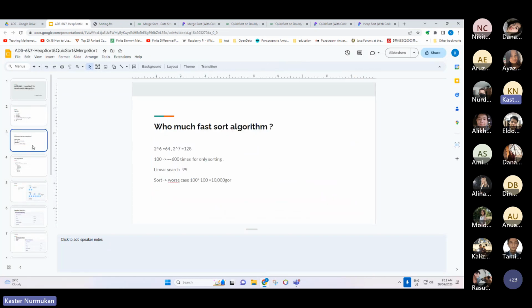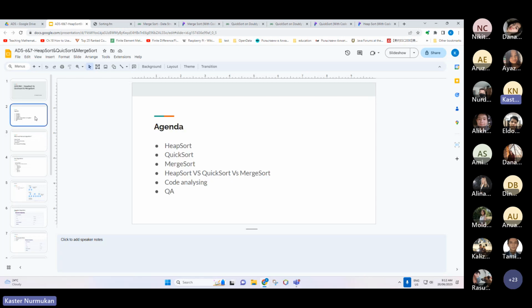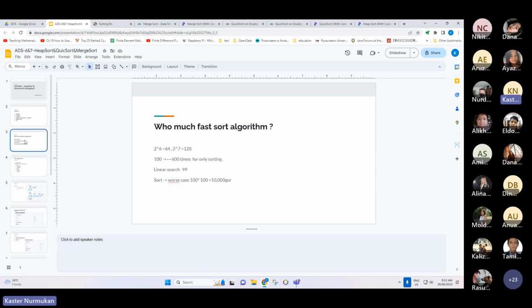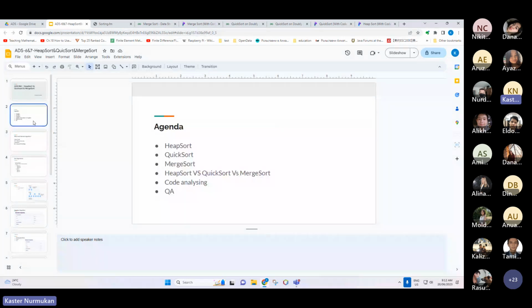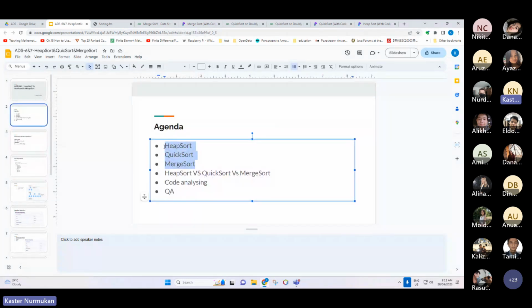Okay, let's dive in. First, of course, we mentioned sorting. As we also mentioned, these three are the most important and fastest sort algorithms.